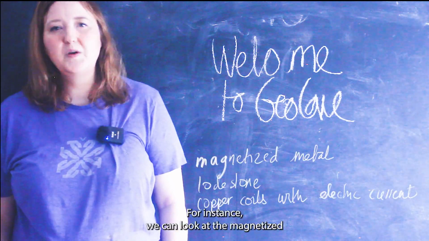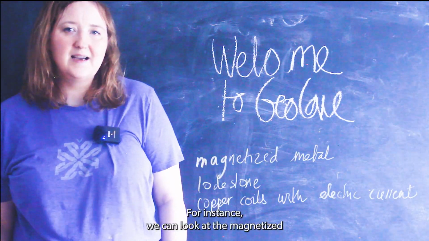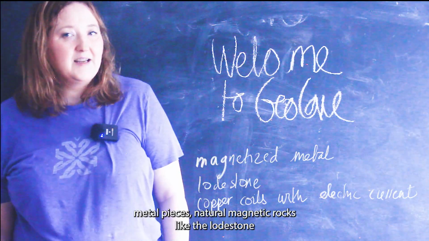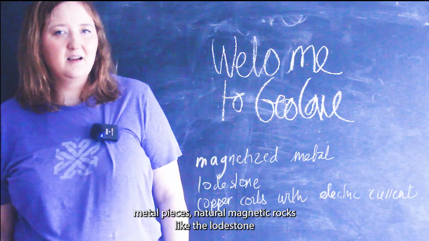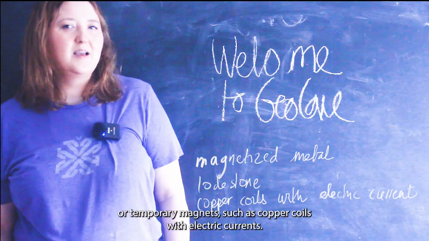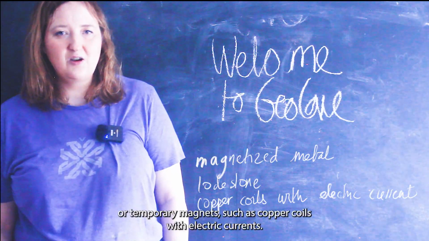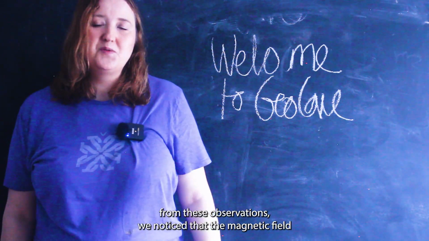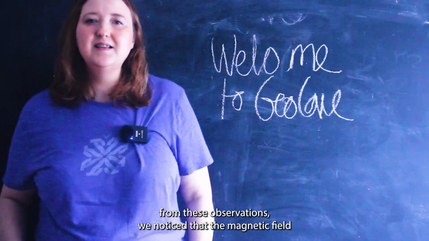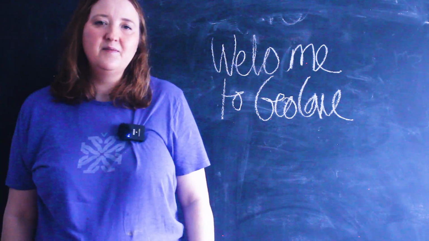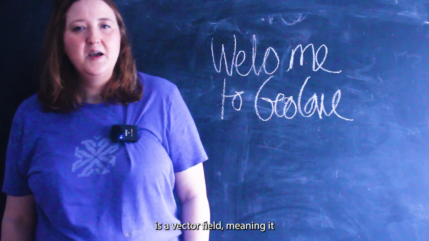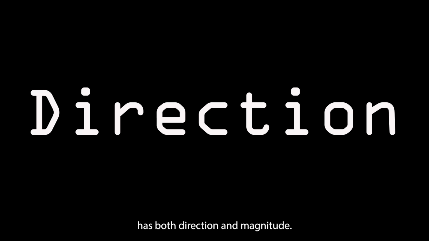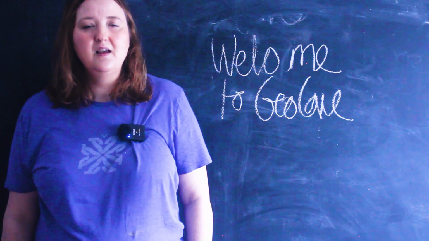For instance, we can look at magnetized metal pieces, natural magnetic rocks like the lodestone, or temporary magnets such as copper coils with electric currents. From these observations, we notice that the magnetic field is a vector field, meaning it has both direction and magnitude.